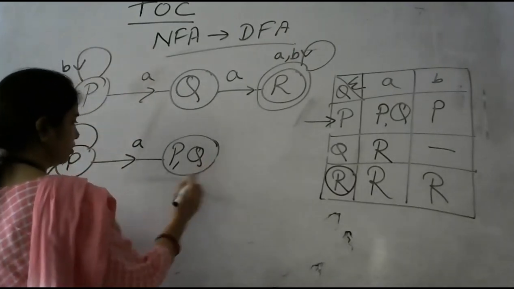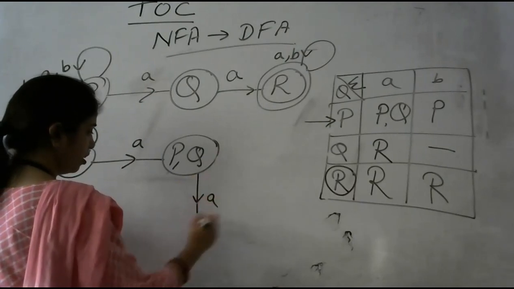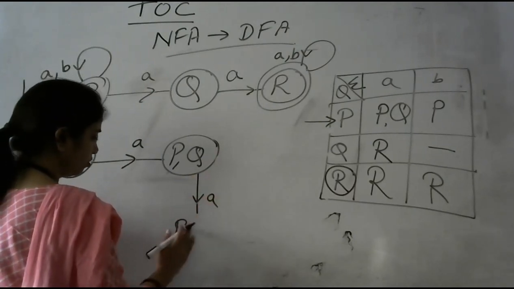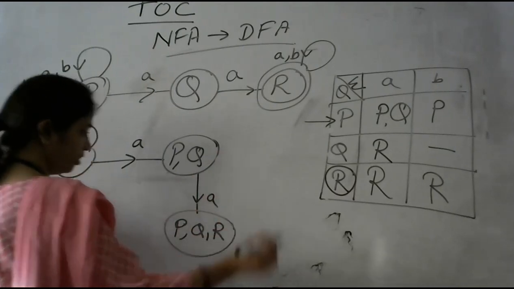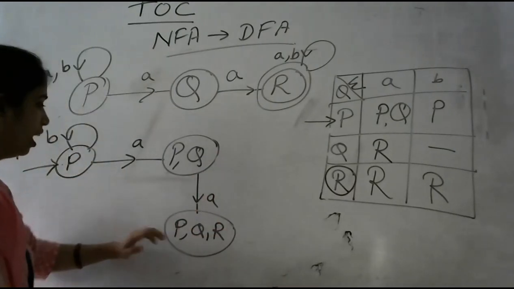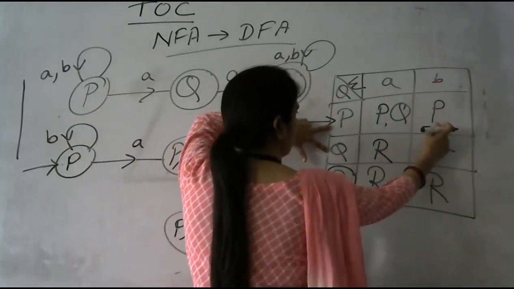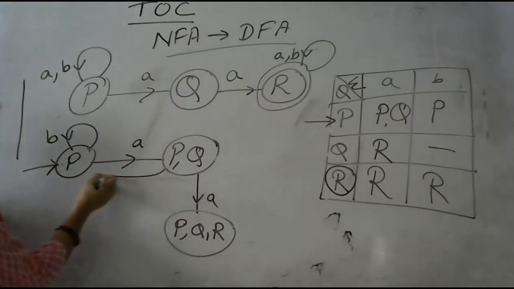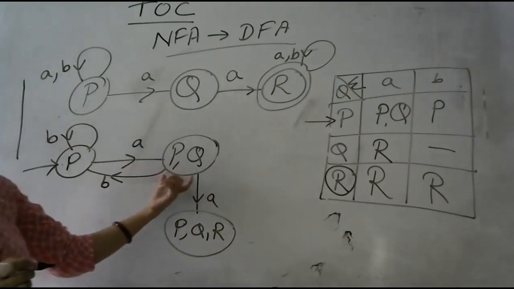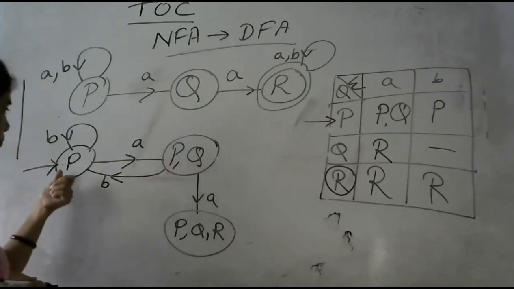Okay, एक नई state called P, Q and R. Okay, PQ से B पढ़ के P पे जा रहे हैं. Okay, we draw a back arrow from PQ to P on B.